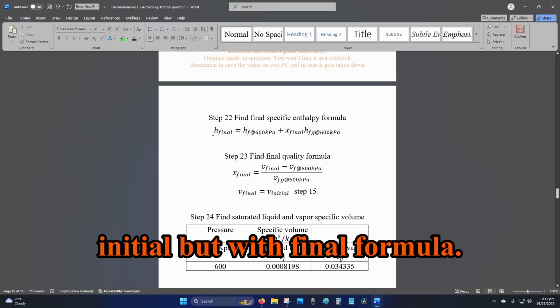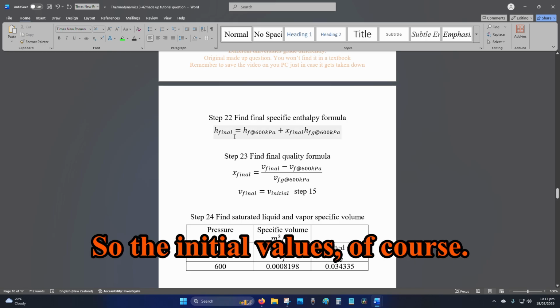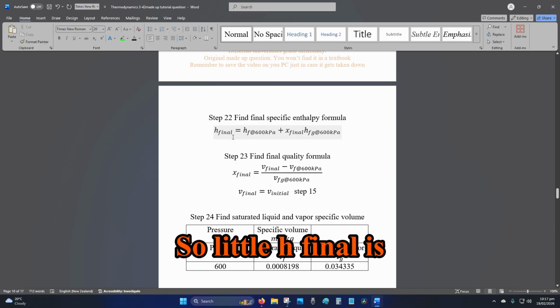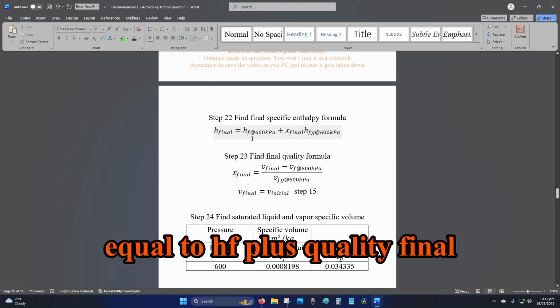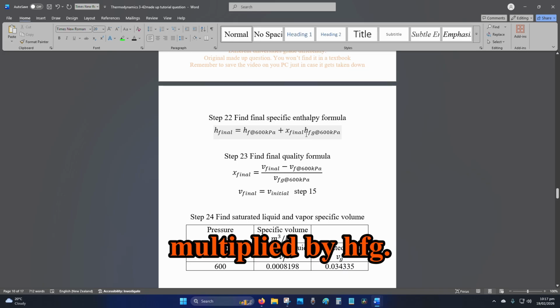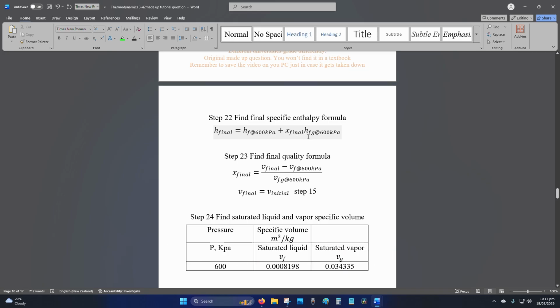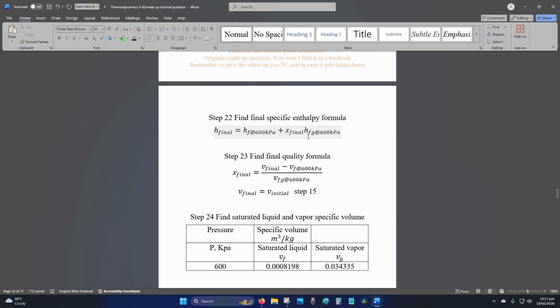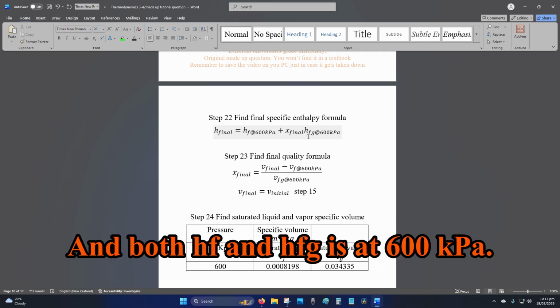It's the same as the initial, but with final values, of course. So little h final is equal to HF plus quality final multiplied by HFG. So that's enthalpy of evaporation, and both HF and HFG is at 600 kPa.